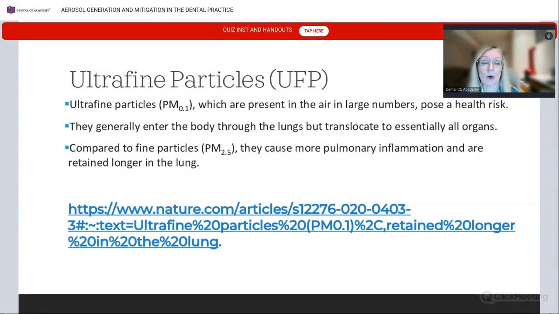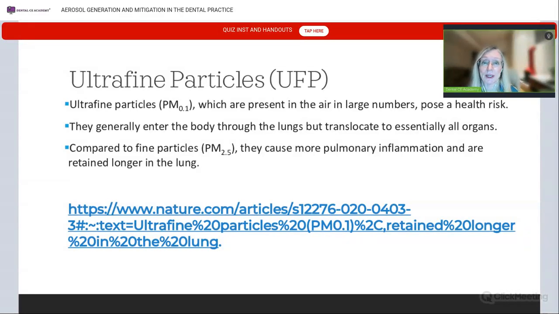Ultrafine particles, which are present in the air in large numbers, pose a significant health risk. And I know many of you may have been in wildfire areas and you were concerned about ultrafine particles, or you've heard of these, but they generally enter the body through the lungs, through the respiratory system.